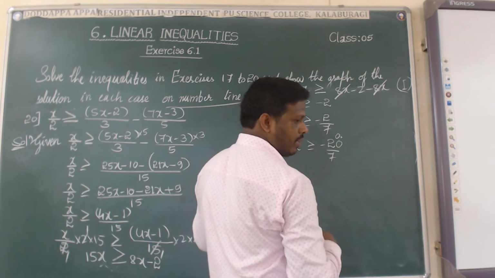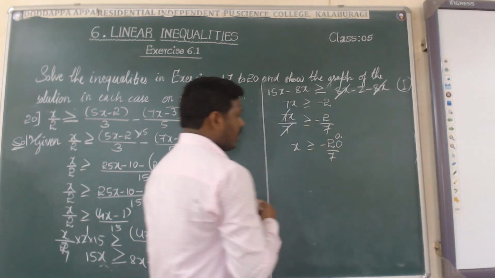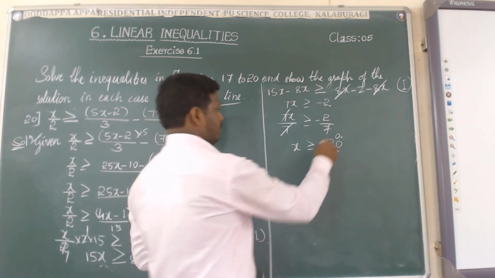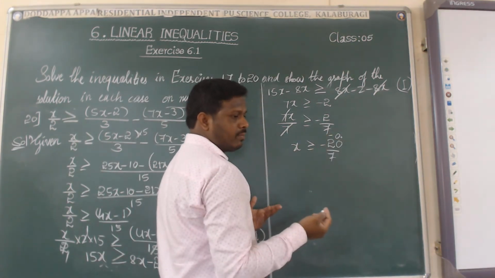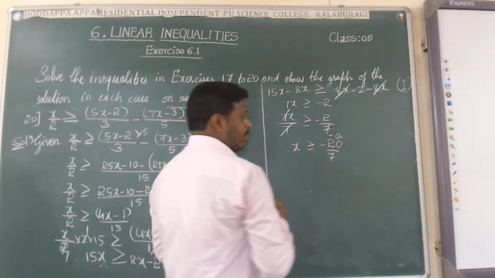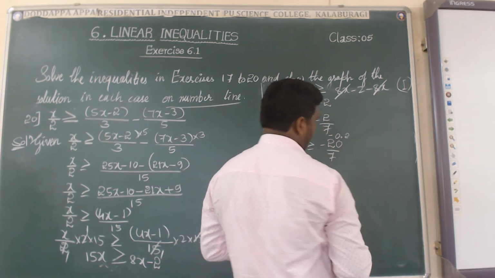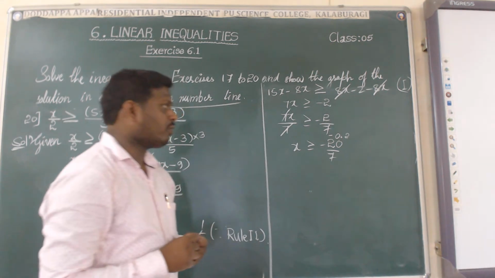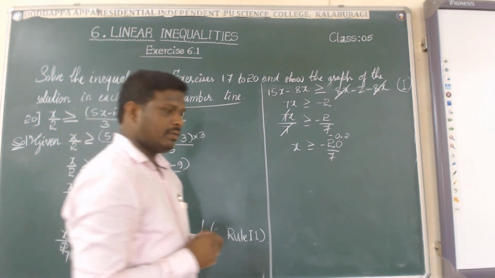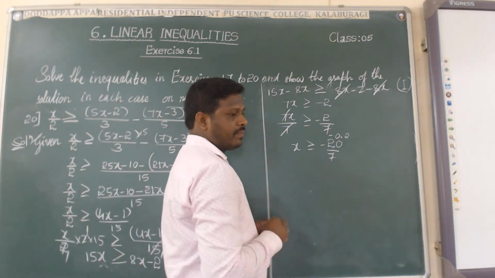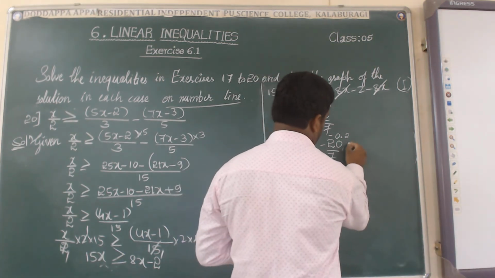It becomes minus 20. Will 20 come in the 7 table? No, it will not come. So nearest to 20, what is there? 6. So 7 sixes will come, getting minus 0.2. So what is left? 6 left. Again take 0, 60 becomes 60.